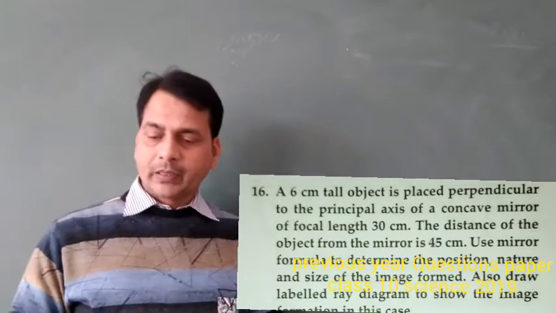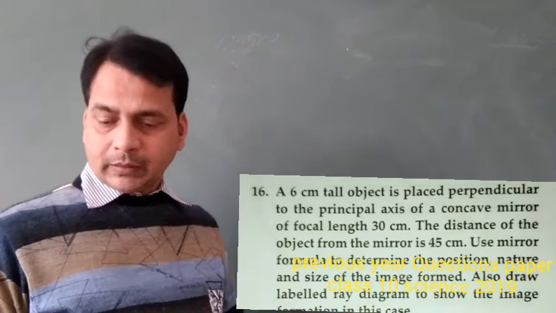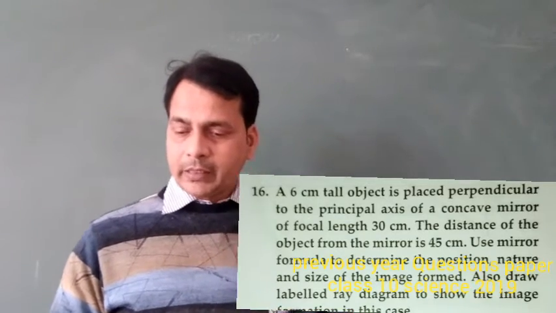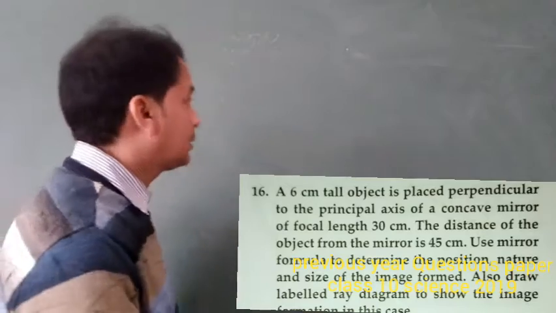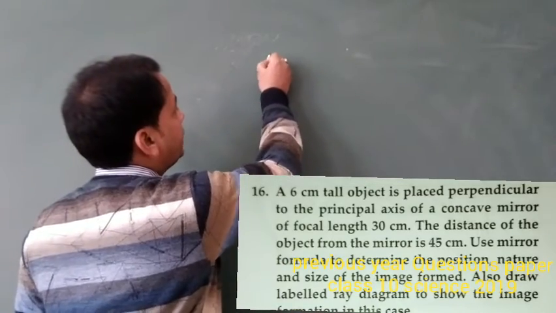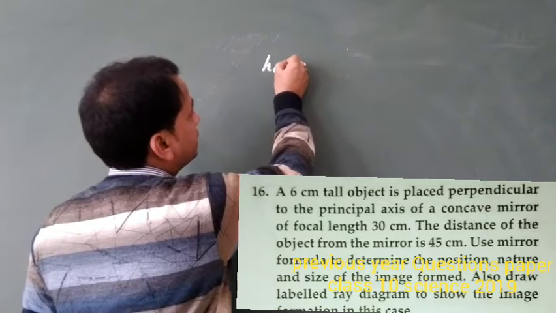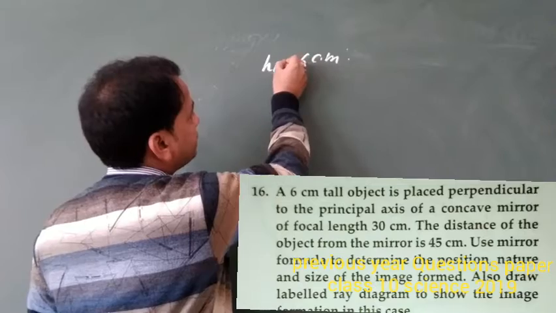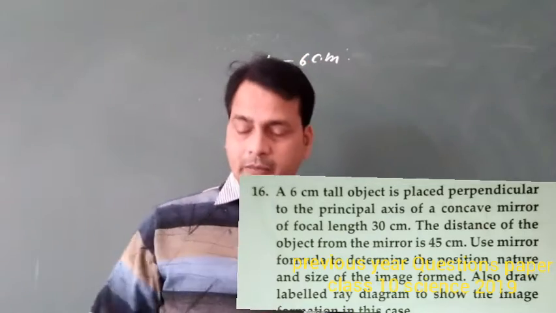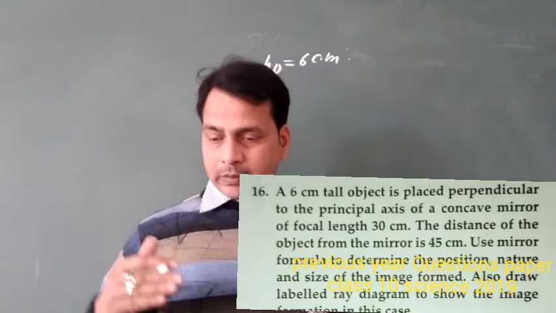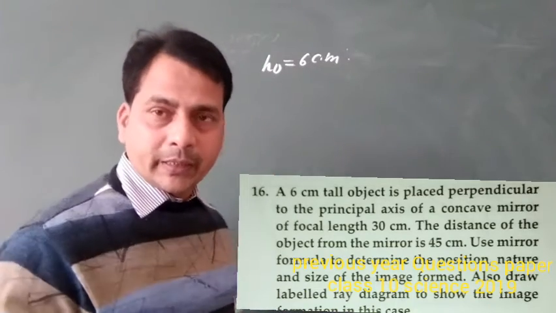So here, according to this question, the object height is given. The height of the object is 6 centimeter, which is placed perpendicular to the principal axis of a concave mirror.